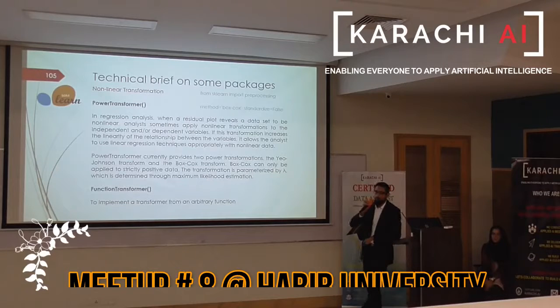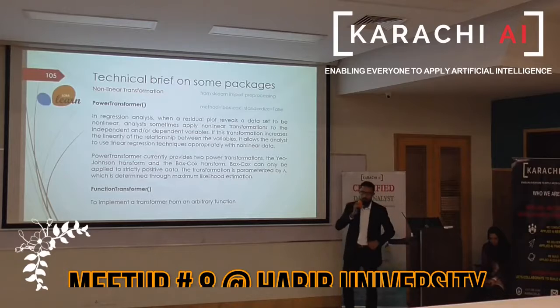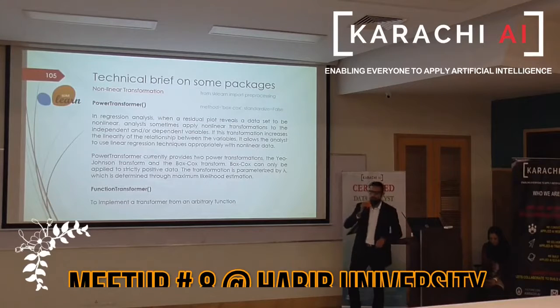Then we talk about nonlinear transformation. For example, you want to predict some numerical data, which is continuous in nature. So obviously, the thing that comes to mind is that it's supervised, we have the labels, and we need to apply regression. But when you visualize it, you see that it's a nonlinear trend.